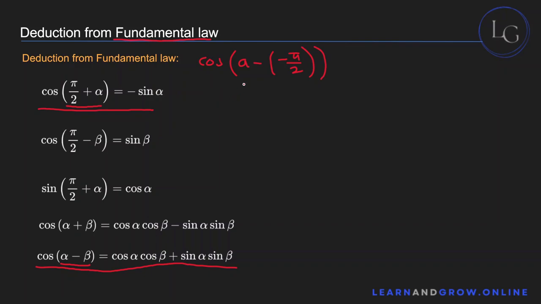So in this particular case, if you compare it with the fundamental law, beta over here is negative pi by 2, right? So this becomes cosine alpha into cosine negative pi by 2 plus sine alpha into sine negative pi by 2, right? Let's see this term first.